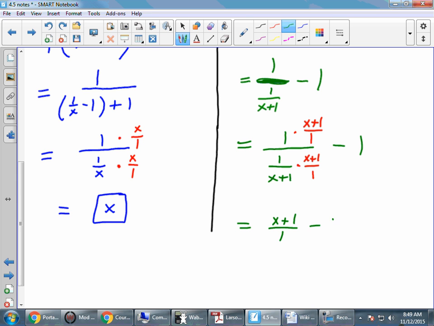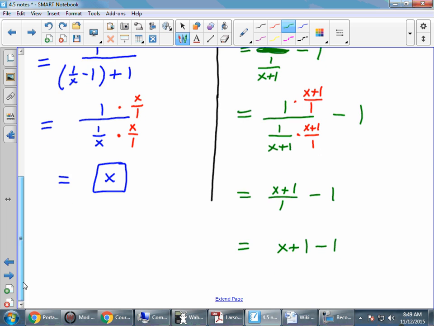Let's not skip. Everybody would skip a step there, but I won't. Okay, really, you're taking the numerator. The denominator is 1, clearly. And so all of this is just going to be x plus 1 over 1, because it's times 1, then minus 1. So, but he's right. And then that equals x plus 1 minus 1, and that equals, oh, I'm supposed to stay green, my bad. And that equals x plus 1 minus 1 equals x.